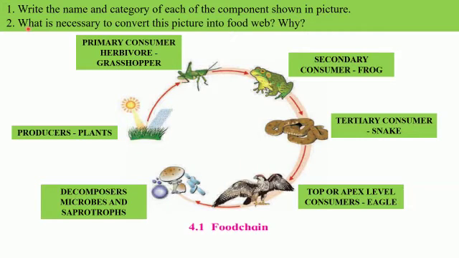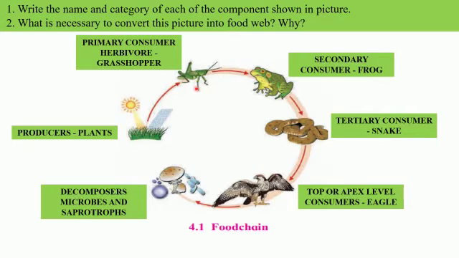Now the next question says, what is necessary to convert this picture into a food web and why? So if we want to convert this picture into a food web, we need to include more animals at every level. Like for example, for primary consumers, we have squirrel, deer, goat, rabbit, zebra, elephant.